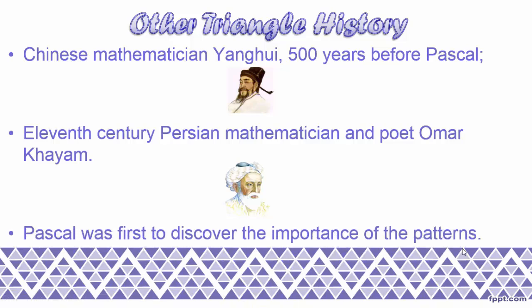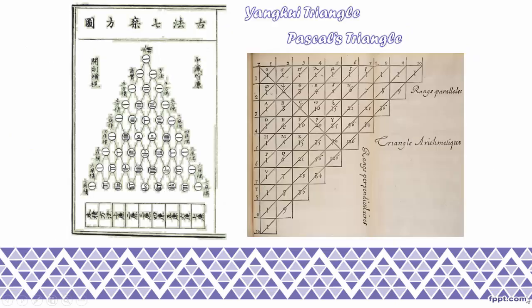Pascal was the first to discover the implications of the patterns, though. So here's an example of Yanghui's triangle right here, and then this is Pascal's triangle. Of course, these were independent discoveries, and Pascal was probably not aware that Yanghui had already discovered the triangle. And similarly for Omar Khayyam.